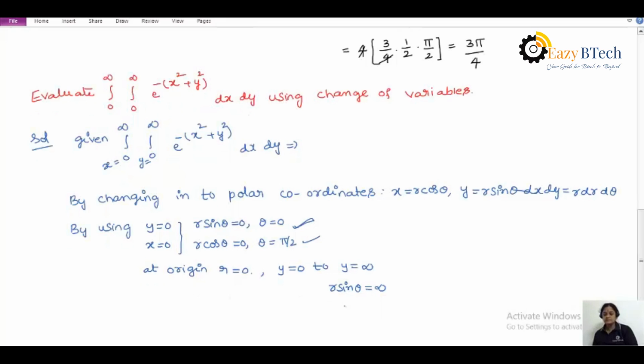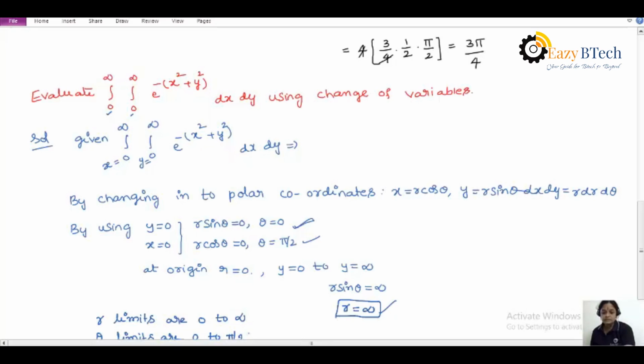You may use x is equal to infinity also. Then r is infinity, the upper limit, because the lower limits are 0 here, so the required region is in the first quadrant only. Then r limits are 0 to infinity, and theta limits are 0 to pi by 2.